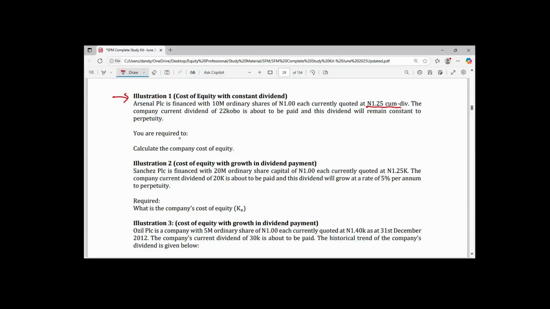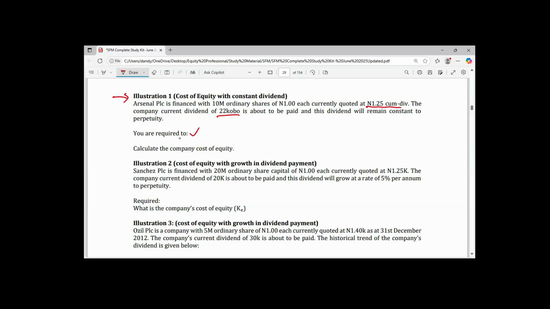The company's current dividend of 22 kobo is about to be paid, and this dividend will remain constant to perpetuity, which means that there is no growth as far as the dividend is concerned for Arsenal PLC. You are required to calculate the company's cost of equity.